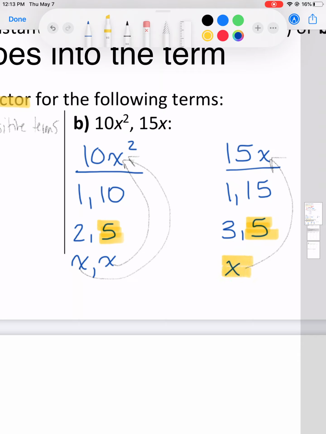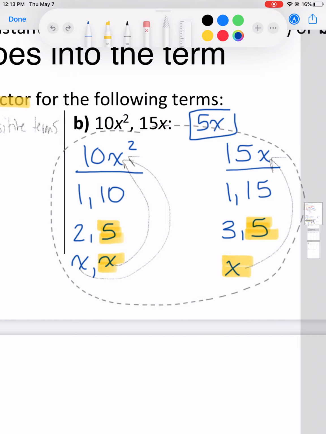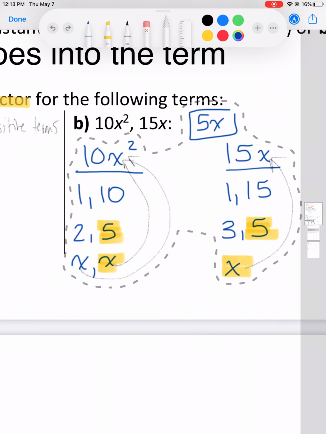Also, there's an x. We have to do letters and numbers. So our answer for this is 5x. If you said that from the beginning, that's great, and you don't need to do all this stuff. This is just to help you figure out what it is.